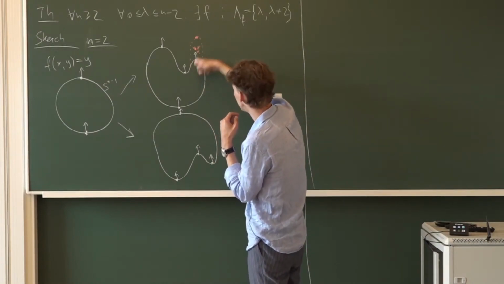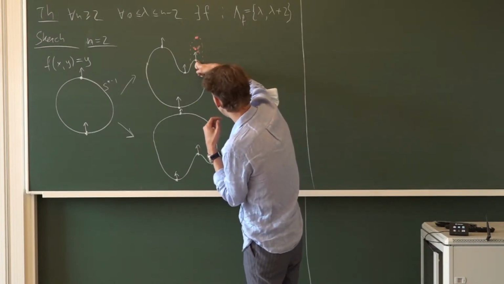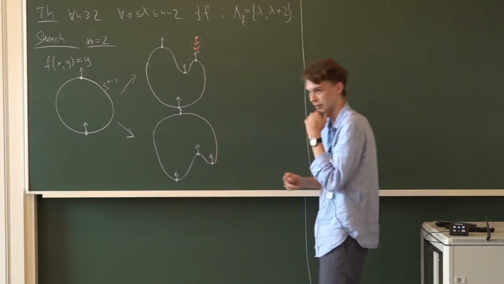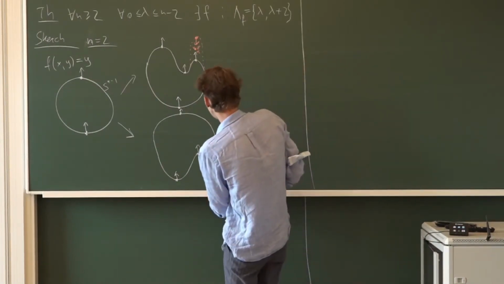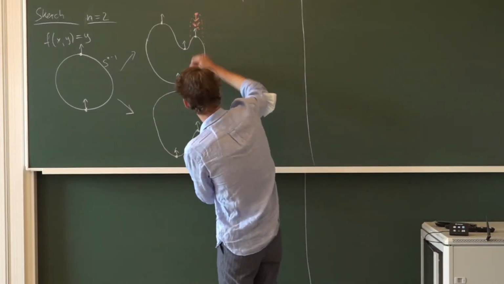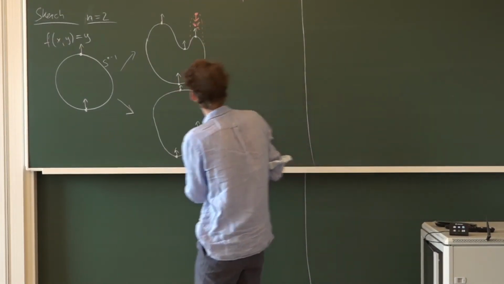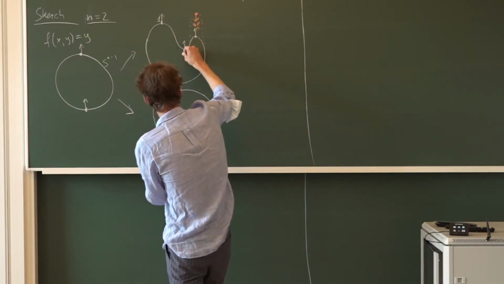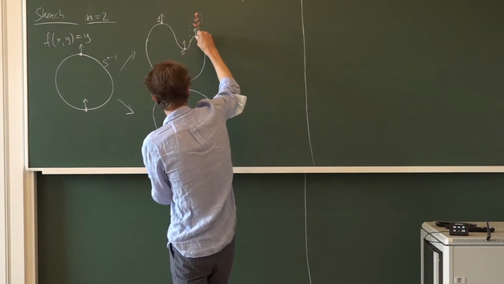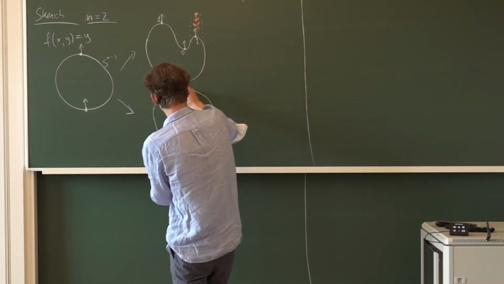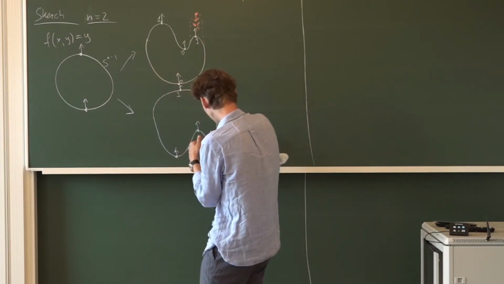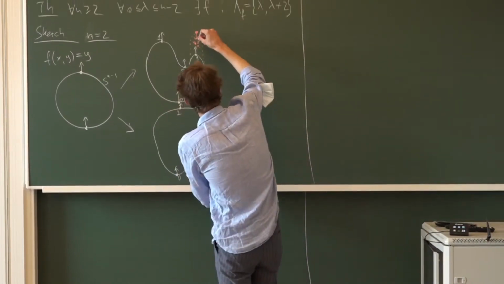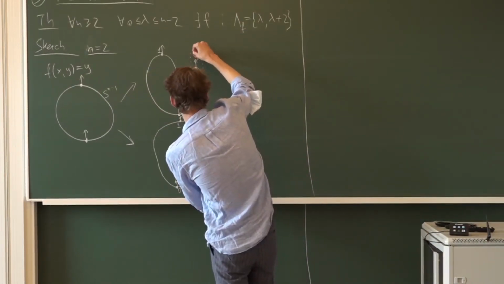And the difference between this one and that one is that at this critical point the gradient points out, and at this critical point it points in. And similarly, here let me also write what is minimum and maximum. So here is local minimum, local maximum, local minimum, local maximum, local minimum, local maximum, local minimum, and we inserted a point of index 2, right?